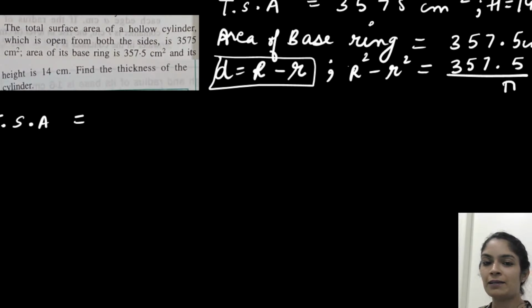I'm waiting. See, my students only have to remind me the formulas. What is the formula of total surface area of hollow cylinder? I think everyone went for searching the formulas. This much time you people don't take to tell me the formulas.